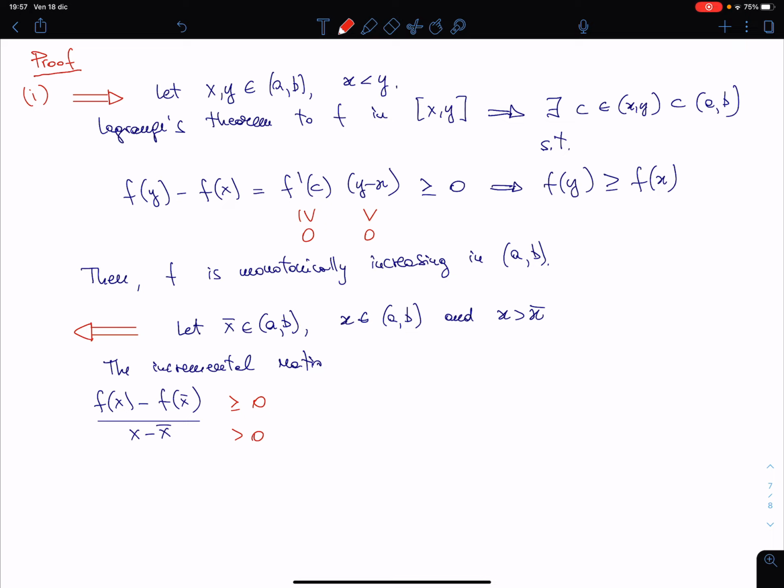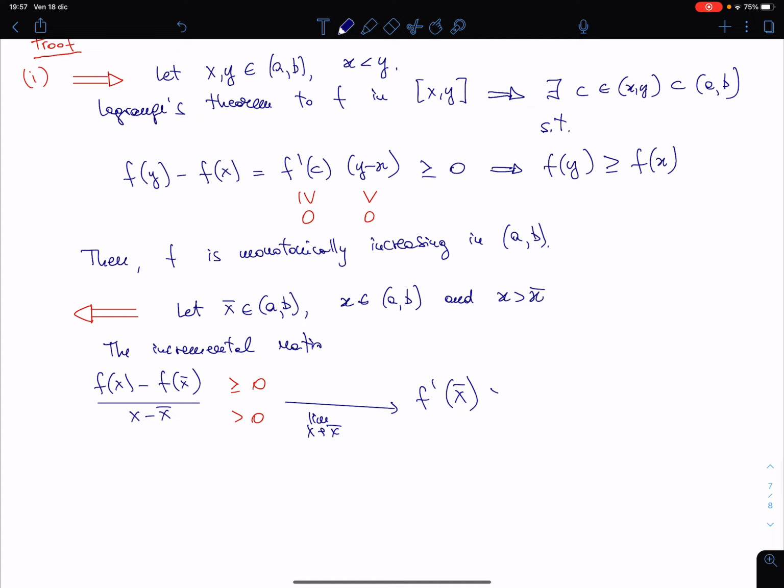Then by the permanence of sign, when we compute the limit for x going to x bar, since f is differentiable at x bar, this converges to f prime of x bar. Then by permanence of sign, this f prime of x bar must be not smaller than 0.